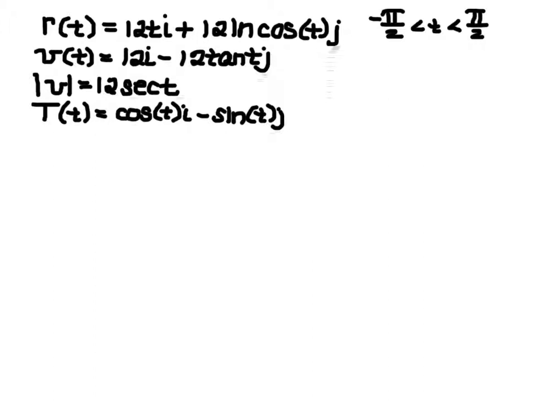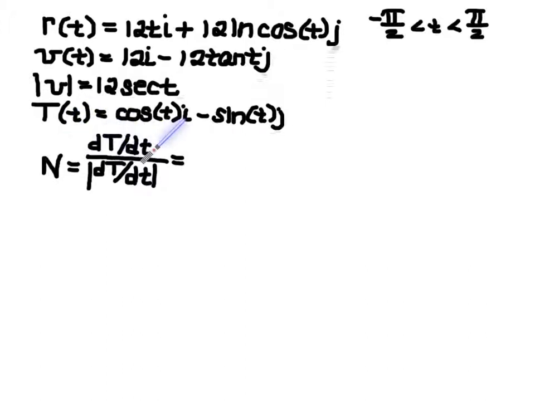And so what we're looking for here is the principal normal vector, which is the derivative of the unit tangent vector with respect to time over the magnitude of the derivative of the unit tangent vector with respect to time. So we need to find the derivative of the unit tangent vector with respect to time.